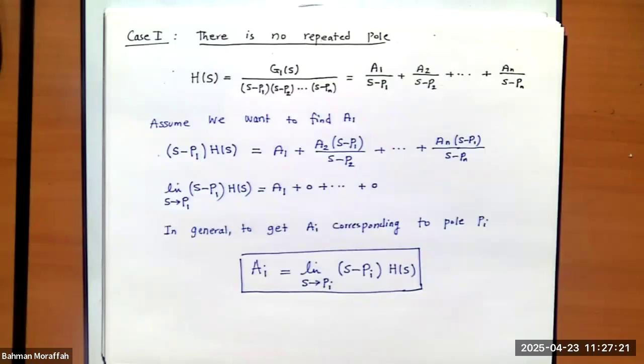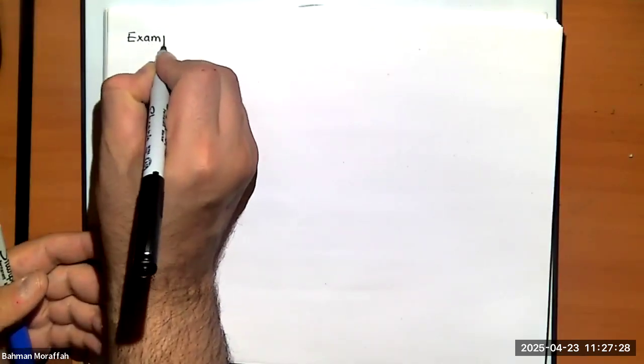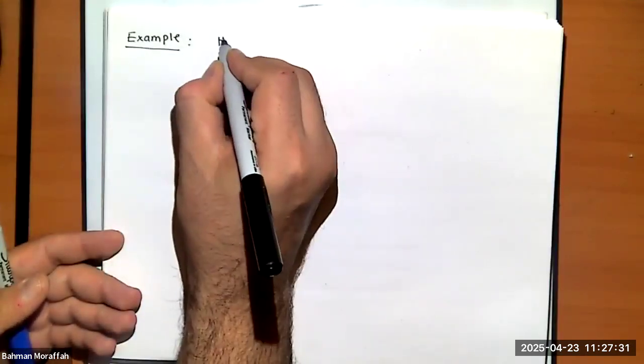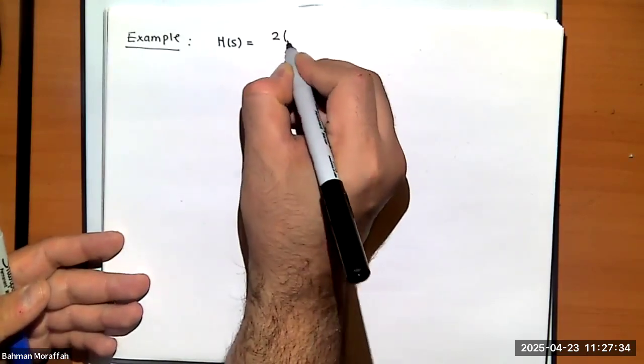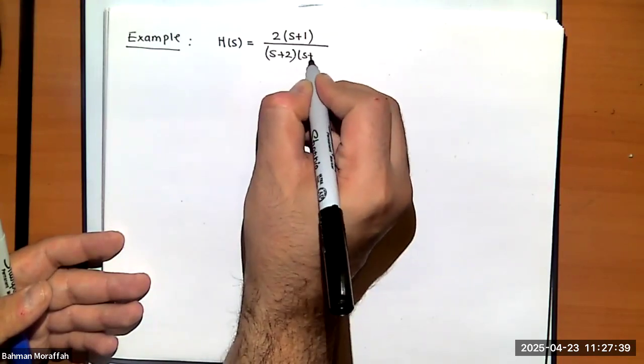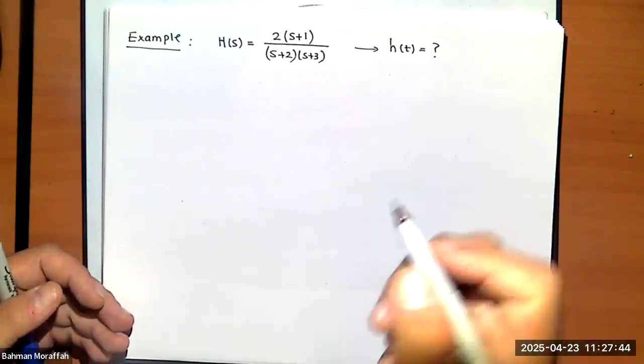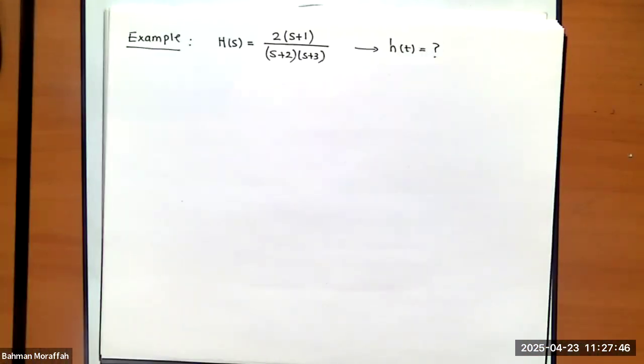Let's do an example. Let's say H of S is given to me by 2 times S plus 1 divided by S plus 2 times S plus 3. And the question is asking me, what is H of t? First step: is this H of S proper or not?